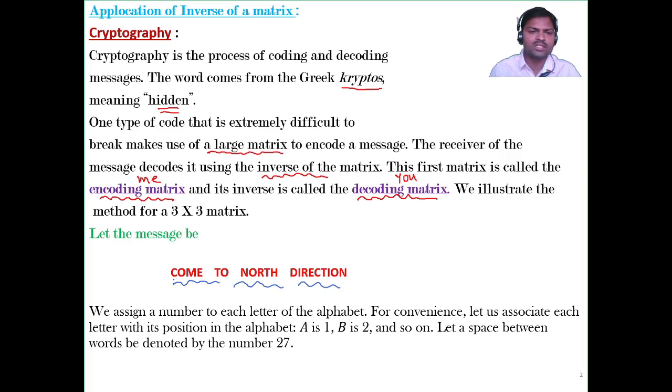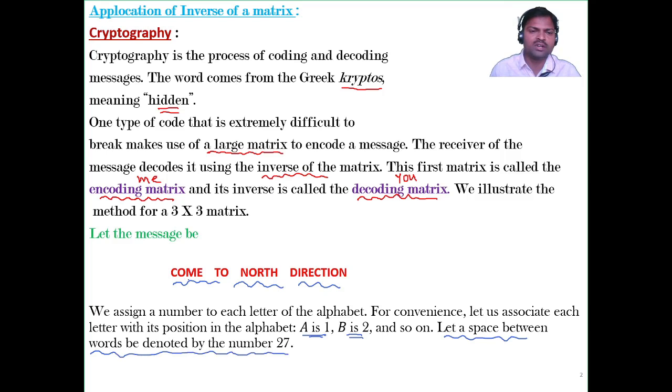A is 1, B is 2, C is 3, D is 4, likewise. So 3 stands for C, and O means 15. Let a space between words be denoted by the number 27.